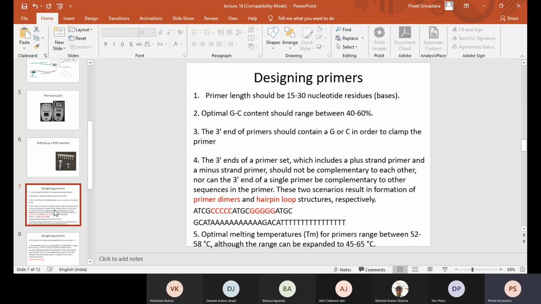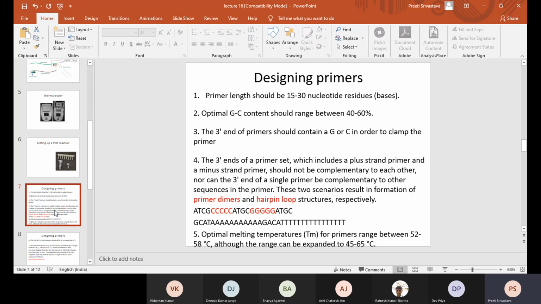Ma'am, I had a question. You said that we use restriction enzymes when we don't know the sequence. So this PCR is a technique for when we know the sequence.